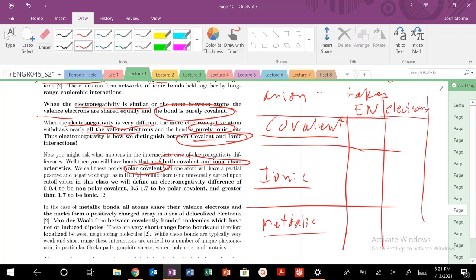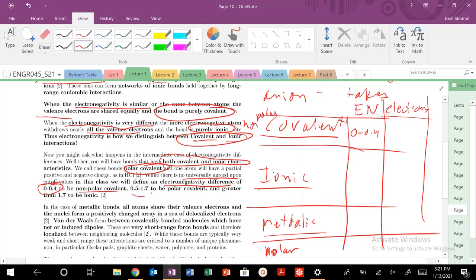So in this class, again, there are no universal agreed cutoff values of electronegativity differences, but if the electronegativity difference is 0 to 0.4, it is going to be nonpolar covalent. So 0 to 0.4, nonpolar covalent. I'm going to add another one here. So polar: if it's between 0.4 and 1.7, that is going to be polar covalent here.